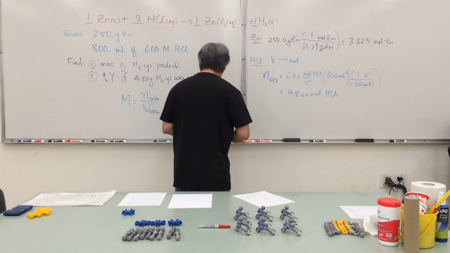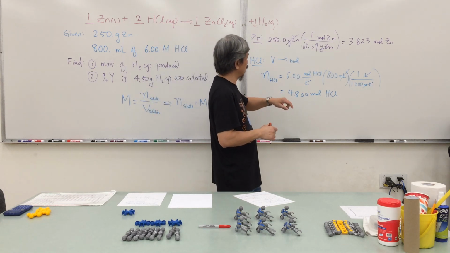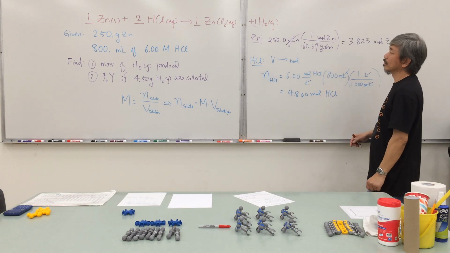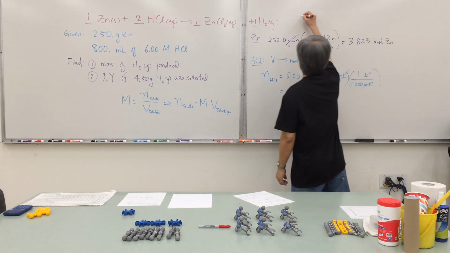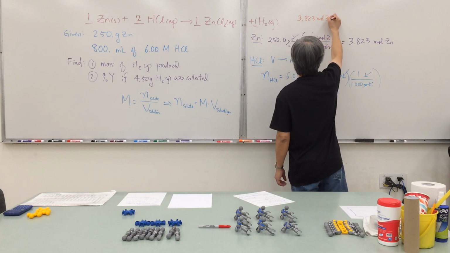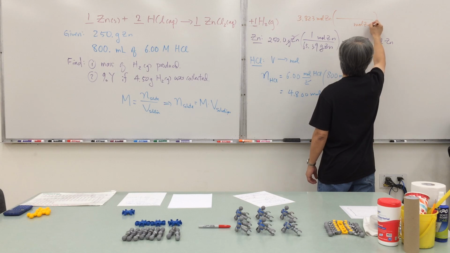Well, to find the limiting reactant, I can ask a question. I can ask, well, if I start off with, let's say, this thing over here, then how many moles of HCl would I need? Well, let's take a look. So if I have 3.823 moles of zinc, then I would need, so moles of zinc here, moles of HCl over here.